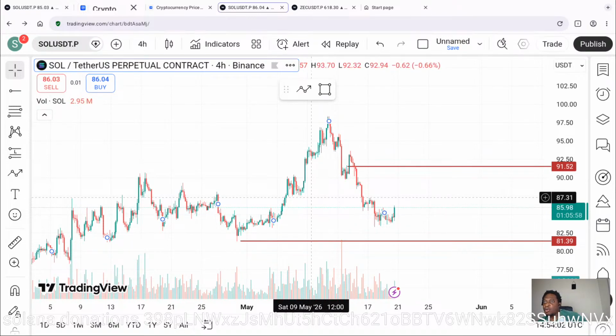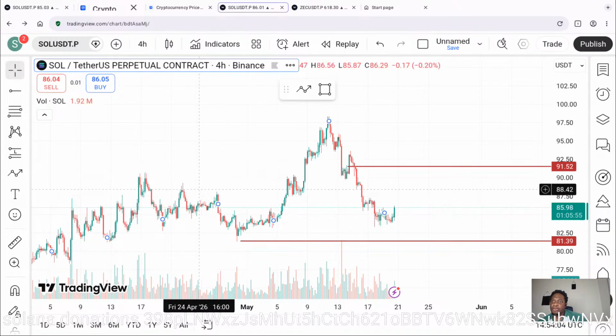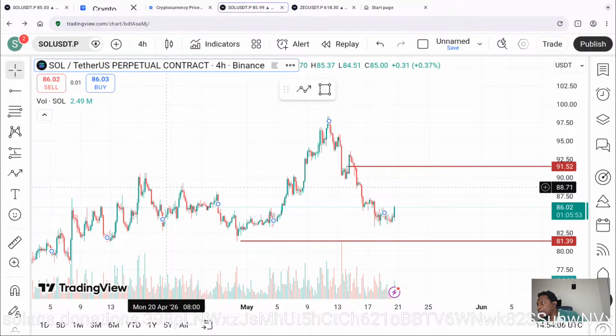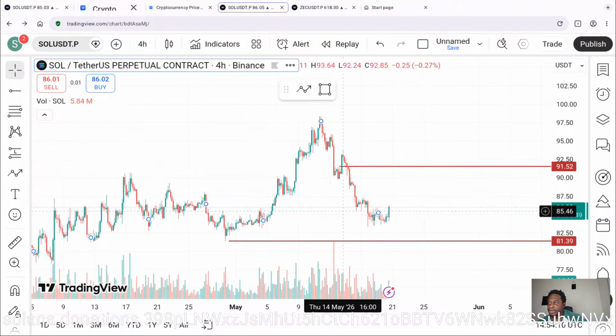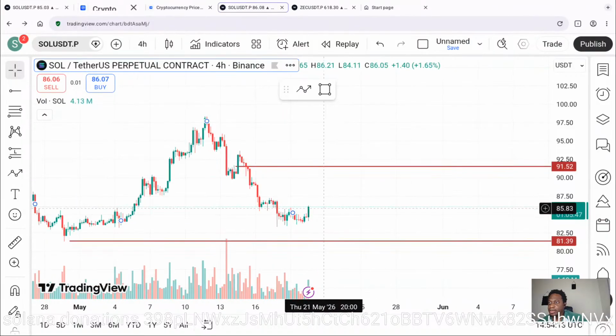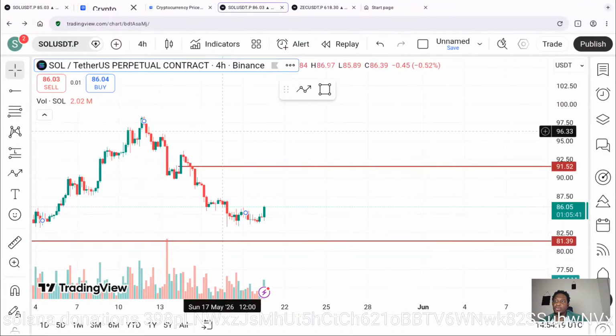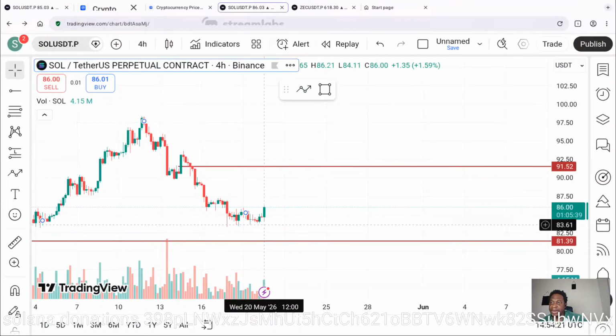You can't just go by break of structure, because break of structure could also mean manipulation. For example, if this candle was to go a little bit higher, that's already a break of structure. If you switch down to the 15 minutes, this is already a break of structure.